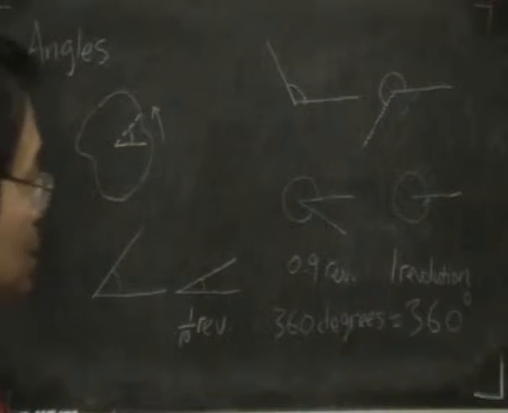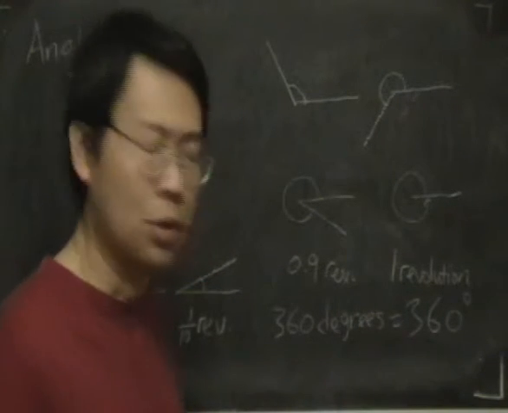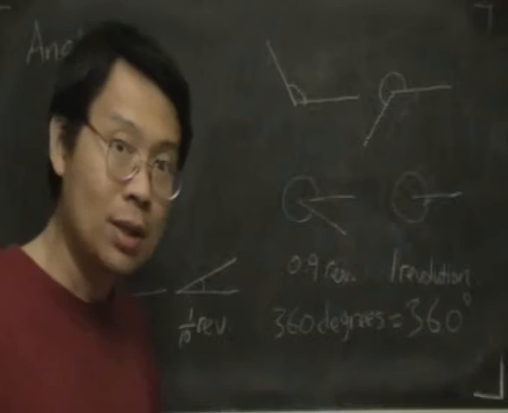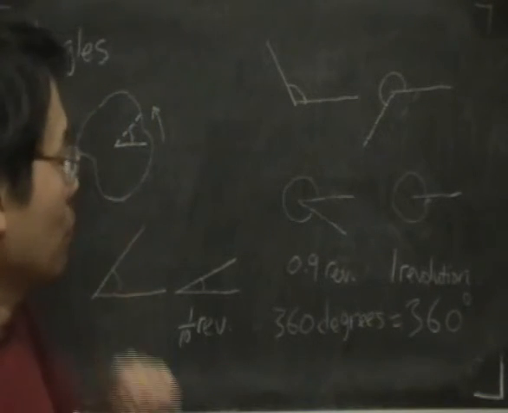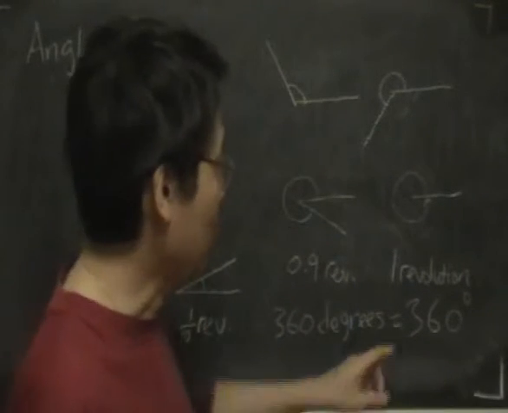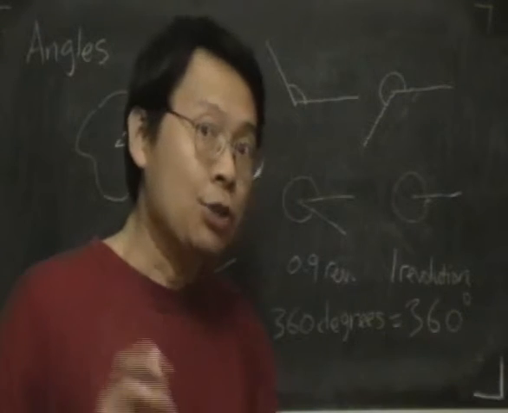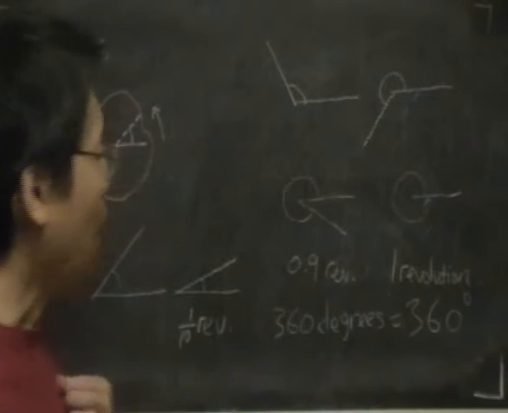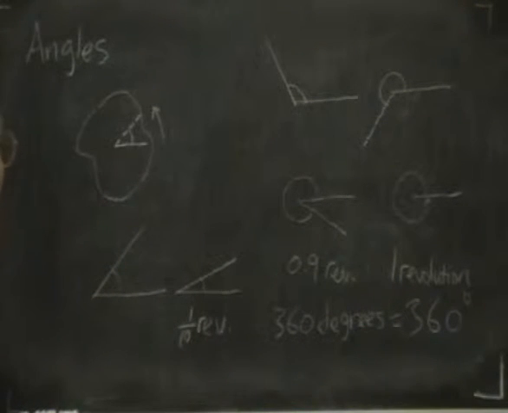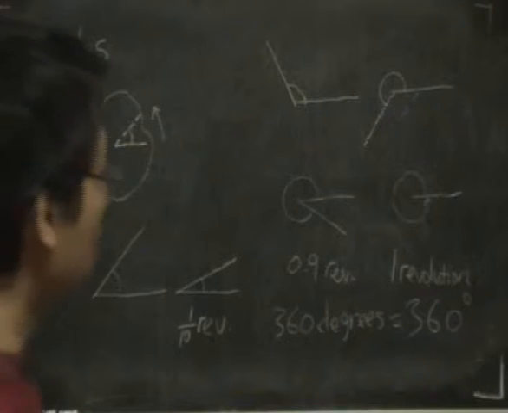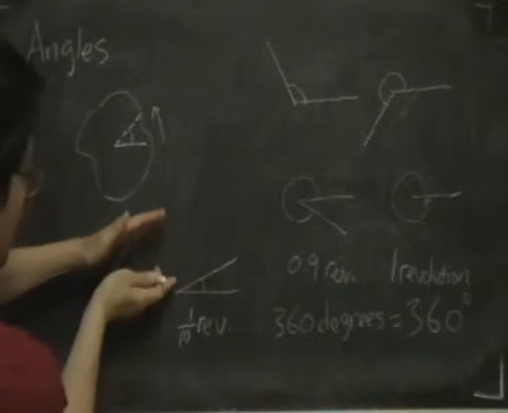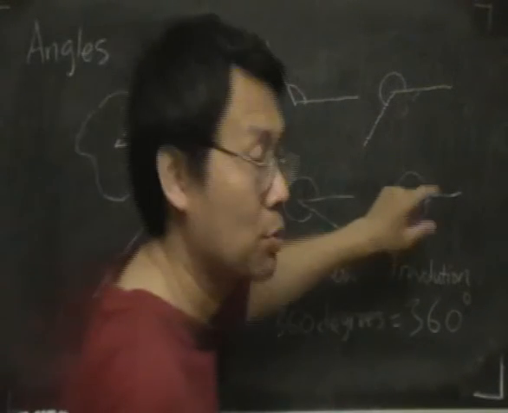If 360 degrees is 1 revolution, what is 1 degree? So if you imagine that you take the 1 revolution and you divide that up into 360 parts, each part would be 1 degree. So how do you divide up 1 revolution? Well, this is how you do it. 1 revolution is what you get when the angle opens up until it goes all the way round.